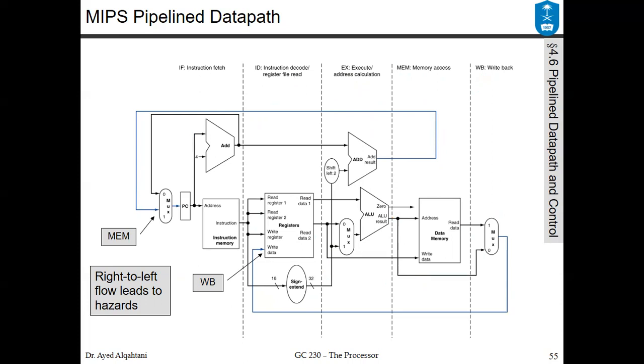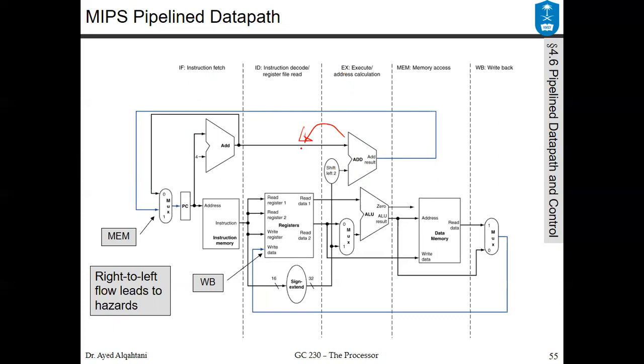Of course, you need to make decisions. Like, for example, this part, the part that has the PC+4, we took the PC+4 and we put it in the instruction fetch. Now, what about calculating the target address of the branch? Right now, it's in the execute stage, but we want to push it to the ID stage, and we said that.